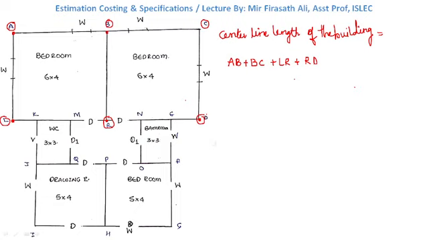These are the horizontal walls. Simultaneously, we will add the vertical walls: AL plus BR plus CD.